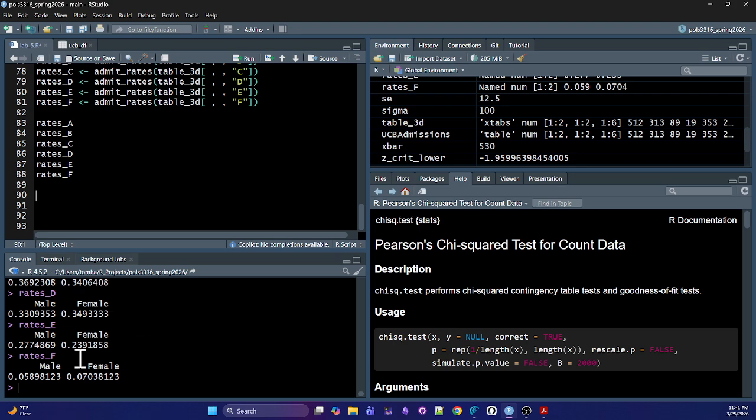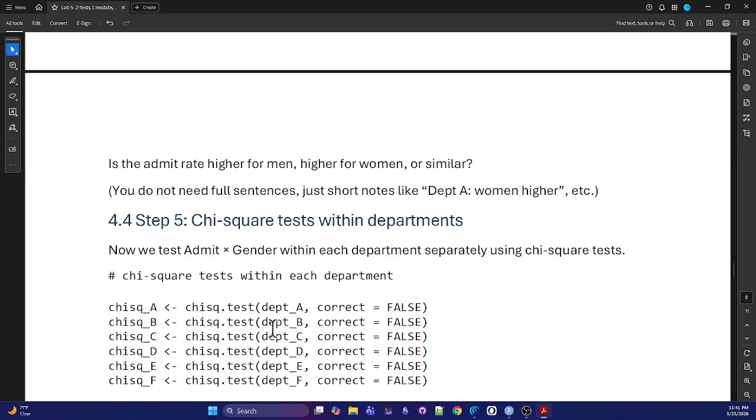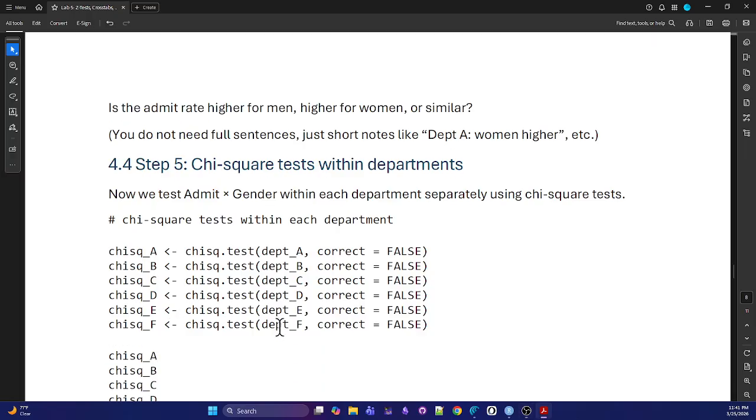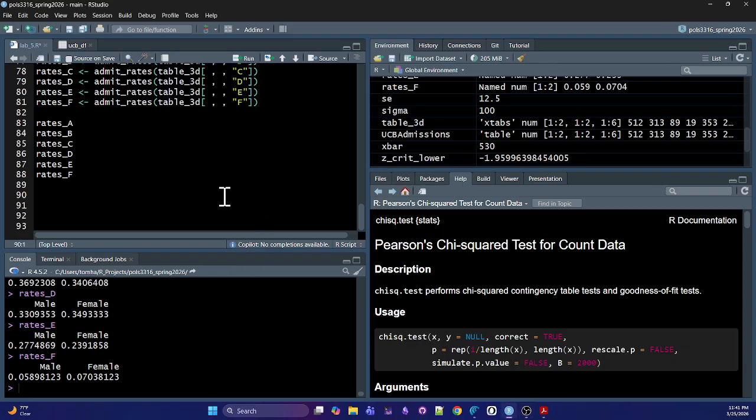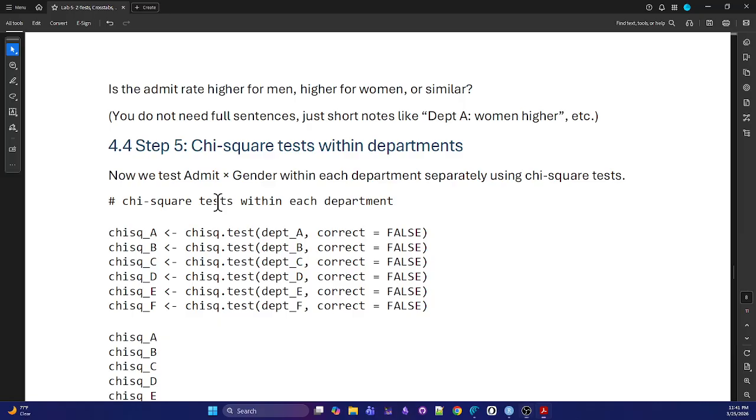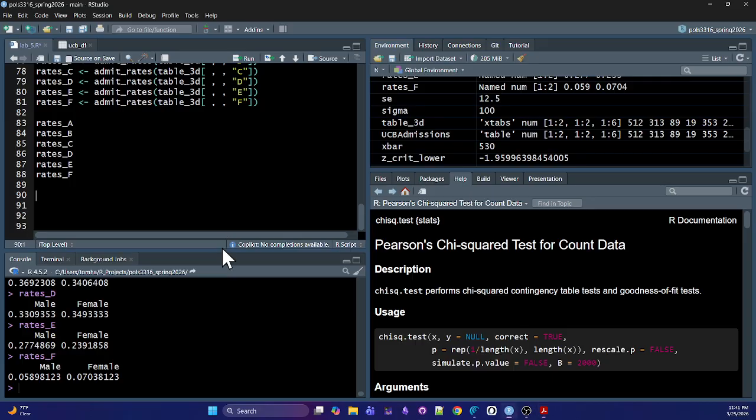None of that actually is really what ends up mattering in the overall. So now I want to test each department, not by doing Department A, because that won't work any better than what I just did. So we're going to go chi-square by department.